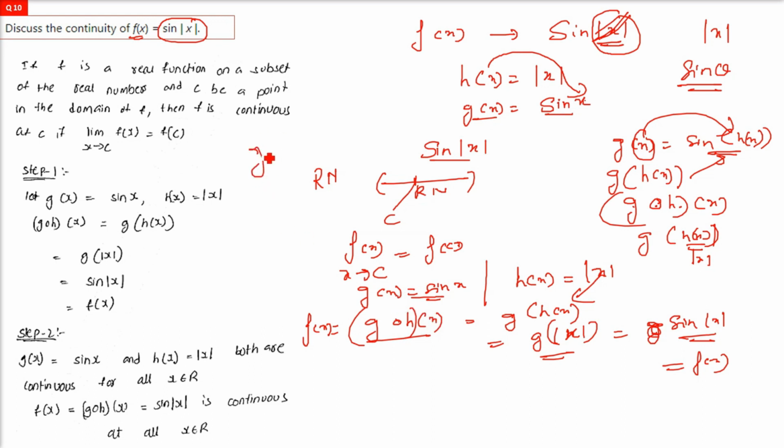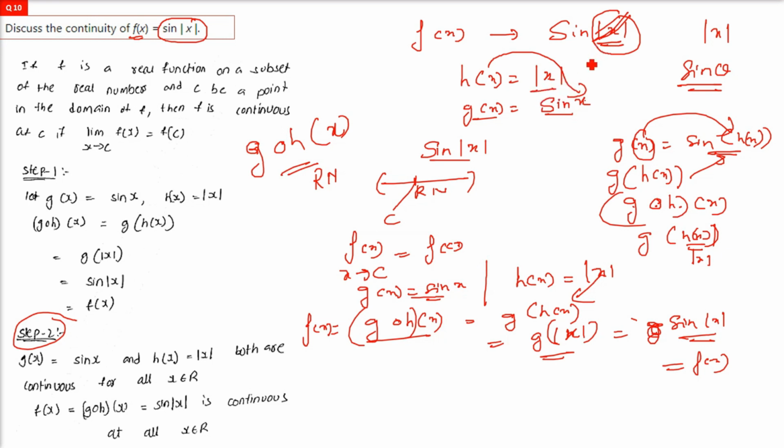Okay. So when two functions are there, and they are individually continuous, the operation of these two functions, which is gof, fog, or any kind of operation like division, multiplication, all these will give you continuity. So sine mod x is continuous for all values of real numbers.